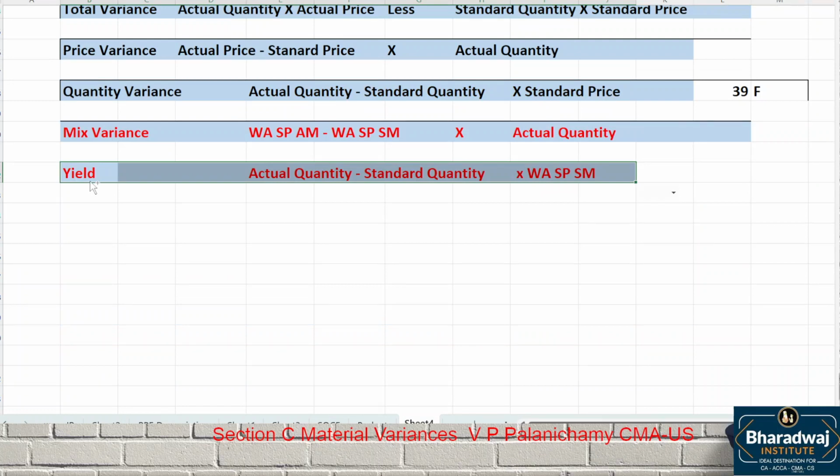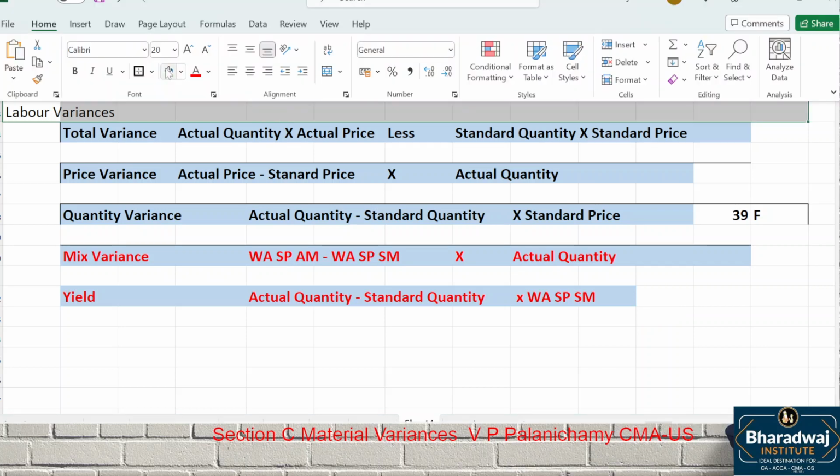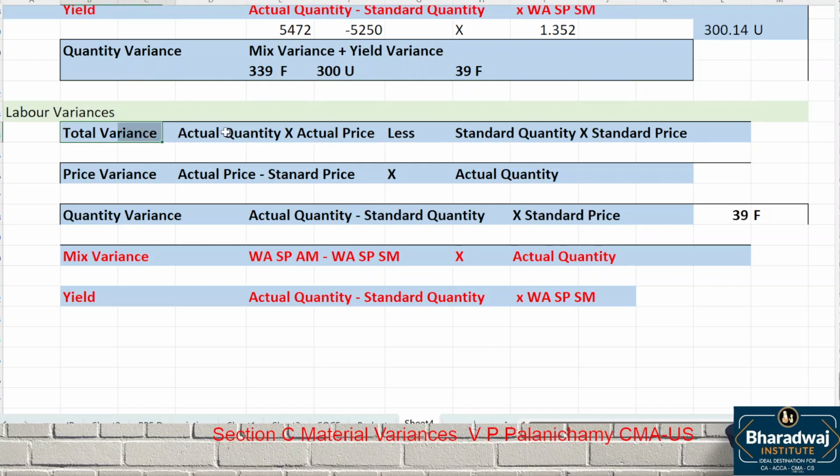We learn from the material variances, the labor variances. For material variance, we use the word actual quantity into actual price minus standard quantity into standard price. For labor cost variance, simple, actual quantity or hours into actual rate less standard quantity or hours into standard rate.